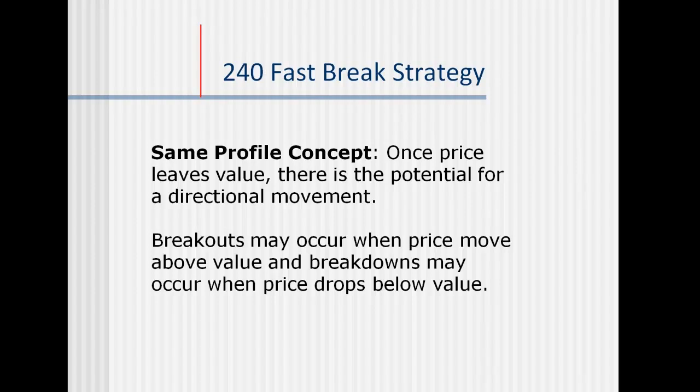When the price is going to move away from value, we are going to have a breakout. So if we are above value and prices continue on higher away from value, we have a breakout to the upside. If, on the other hand, prices have dropped below value and we have a breakdown, then prices are going to continue moving away from value to the downside.